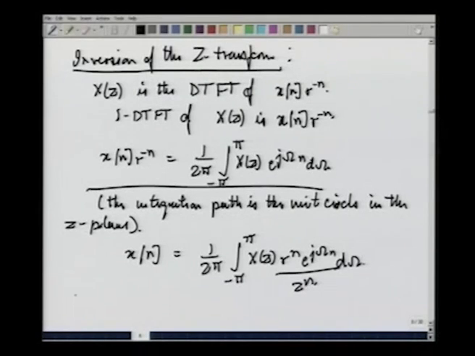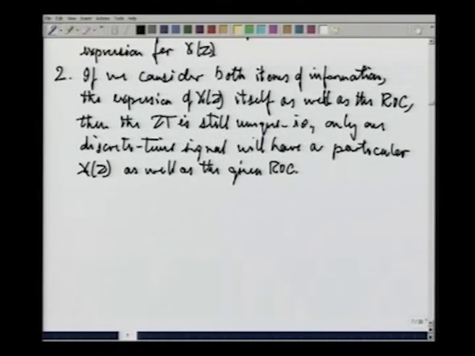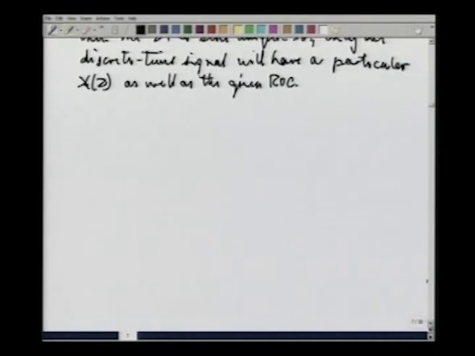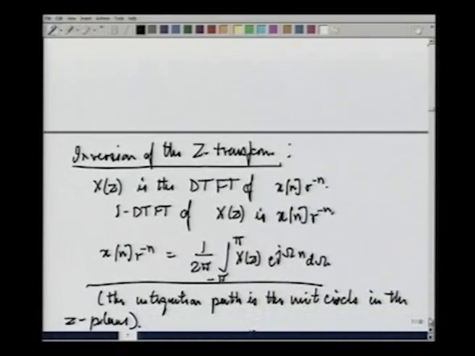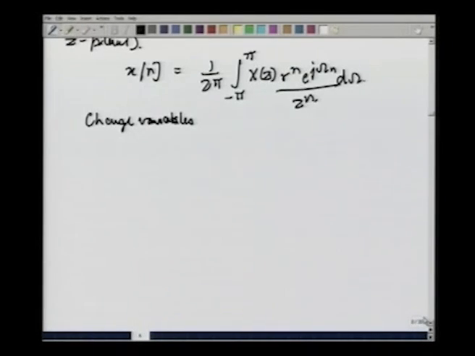Finally, we need to change variables a little. We have to use z equal to r e to the j omega.